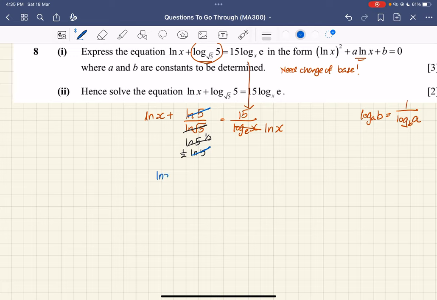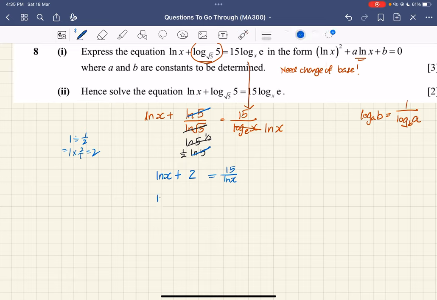Eventually, you have ln x plus 1 over half. So 1 over half is like 1 divided by half, which is actually just 2. Because 1 divided by half is the same as 1 times 2 over 1, which is 2, equals to 15 over ln x. So now you see we are getting closer and closer to what we need to show.